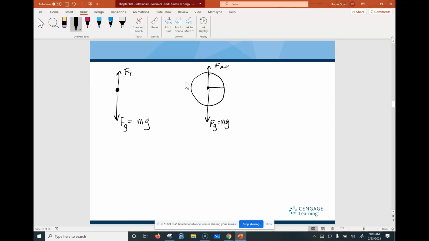This is my radius, and then out here we'll have that force of tension. These forces produce no torque because they go right through that axis. This force is this distance away, so it will get that wheel to rotate. But since these act right here, our lever arm is 0. There's no distance from the axis.